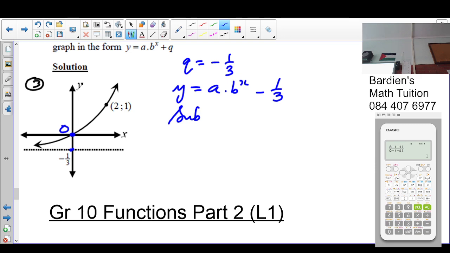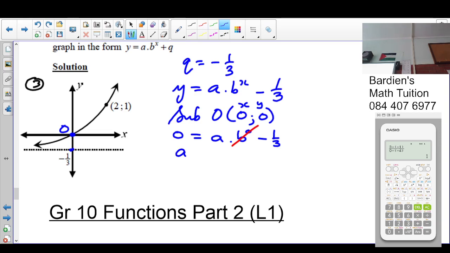Right, so we'll substitute the origin, which is 0 and 0, remembering that's x and y. So what will this be? 0 is equal to a times b to the 0 minus a third. Alright, now what? b to the 0 is 1.